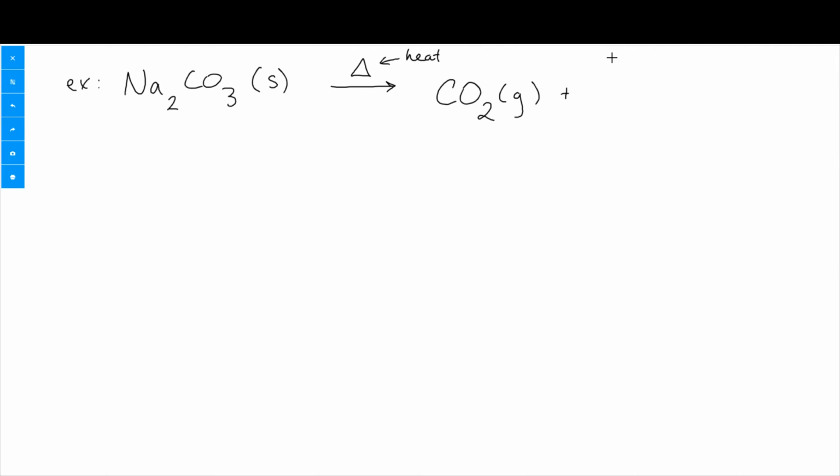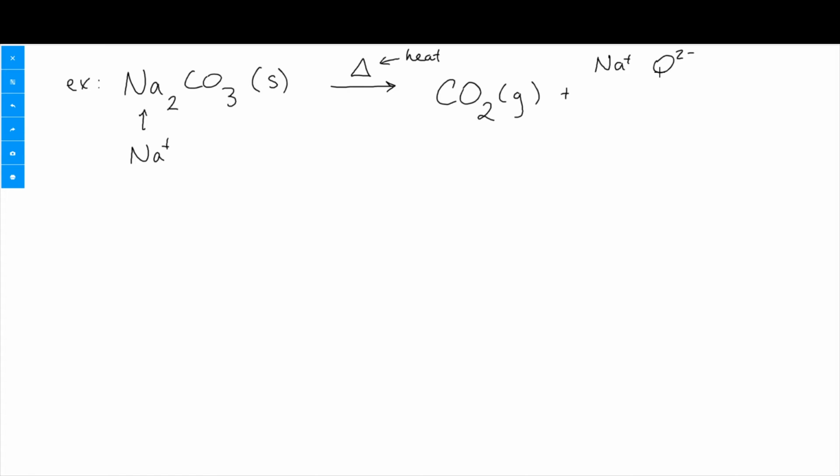An oxide compound is the combination of the oxide ion, O2 minus, and what's left, the sodium ion. So with this kind of reaction, we want to take a look at ions again. Sodium oxide is the combination of Na plus and O 2 minus.